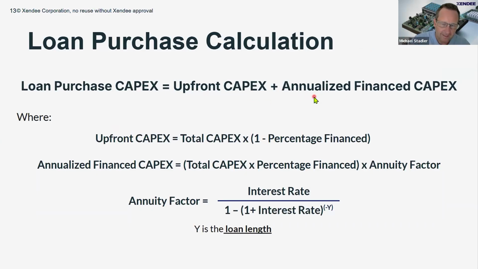Now the annualized or annuity factor at the bottom of the screen is based on the loan length, because we're taking out a loan. And then with this annuity factor and the percentage of how much is financed, we can calculate the annualized capital costs in this calculation. And then, of course, this gets discounted later on, depending on the reinvestment and everything.